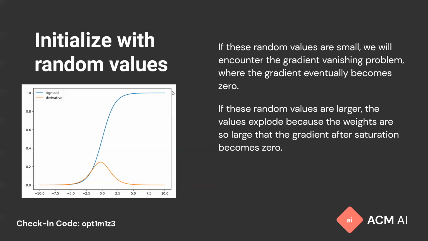Random values work a lot better, because you're starting at a random position in the loss function, and you can start calculating gradient updates that matter.